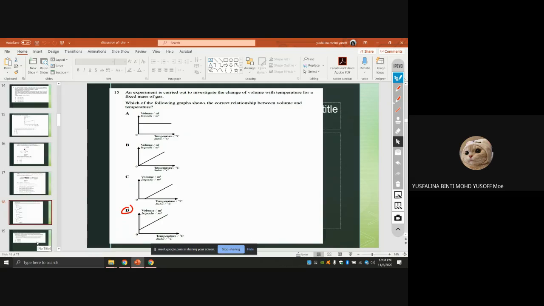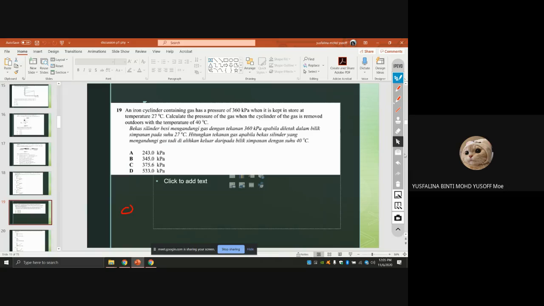Alright, next one. Okay, so this is the gas law, right? This one is pressure and temperature, so this is the pressure law. Use the pressure law: P1 over T1 equals P2 over T2.